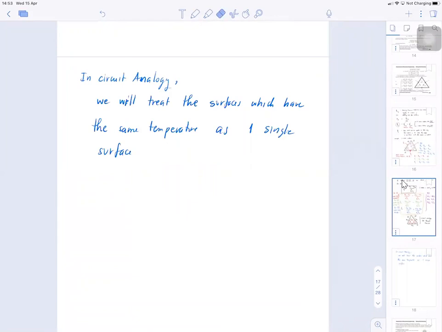Okay, so if you have two surfaces, three surfaces, but all of them are at the same temperature, we're going to treat them as if it was still one surface, for example.